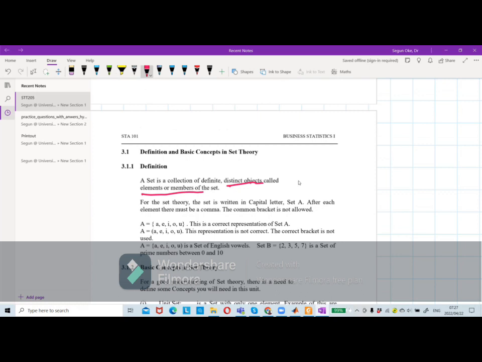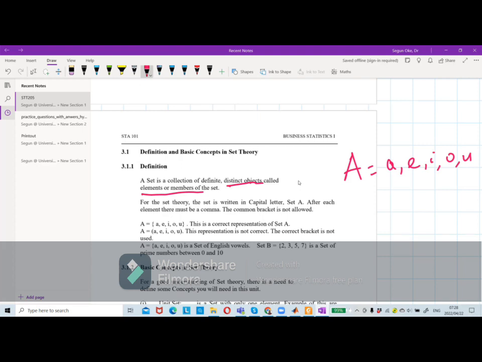For the set theory, a set is written in capital letter, while the element is always written in lowercase, that is small letter. For example, if I have a set A, what are the elements in set A? I, A, O, O, that is using the set representation.